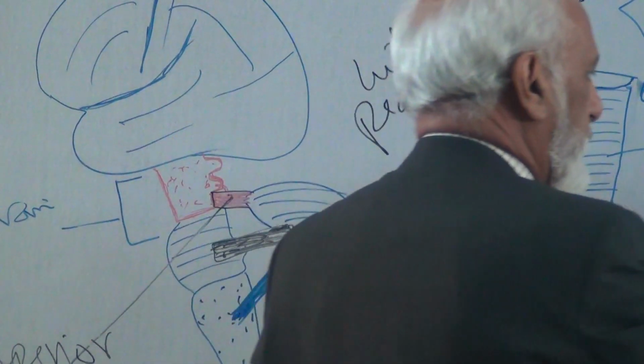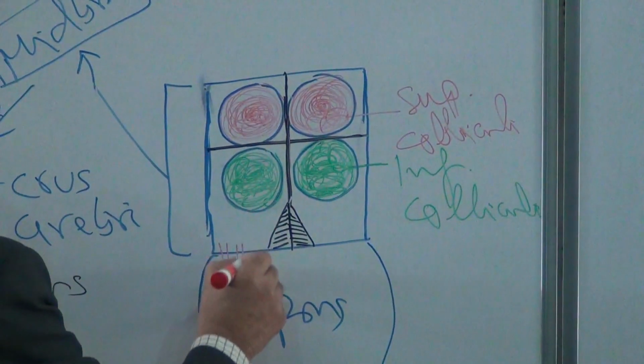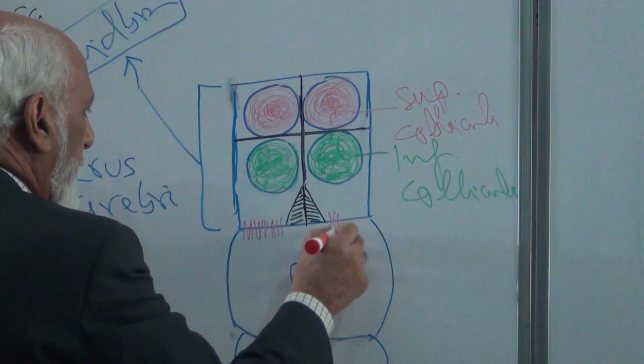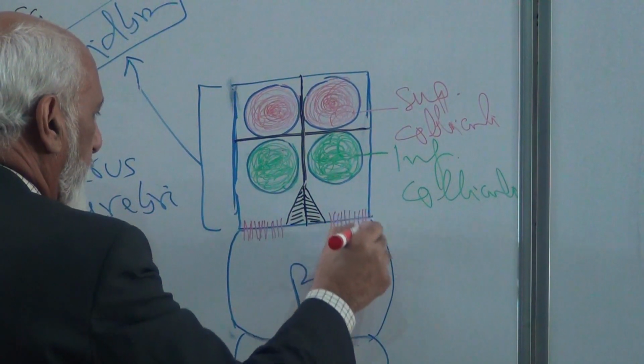So here, suppose these are superior colliculi, right and left. Superior cerebellar peduncle, sorry, not colliculi.